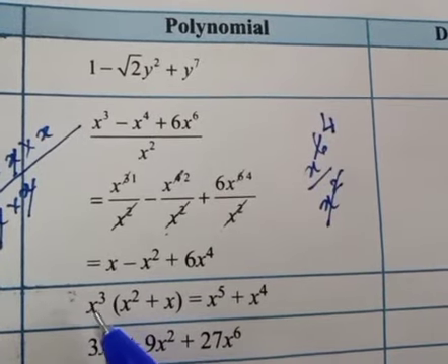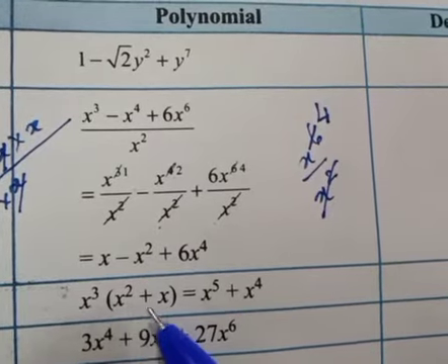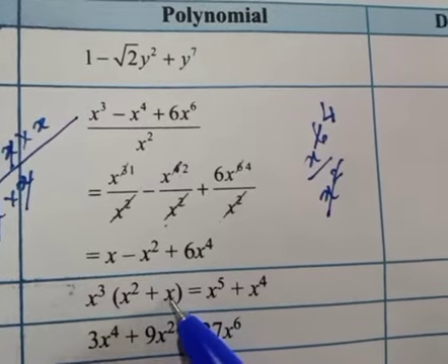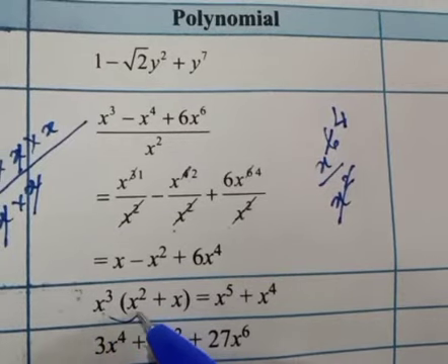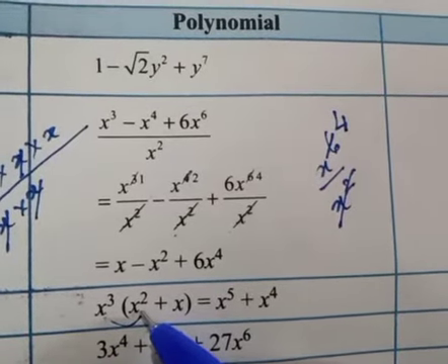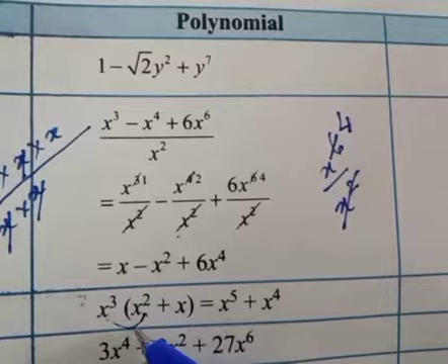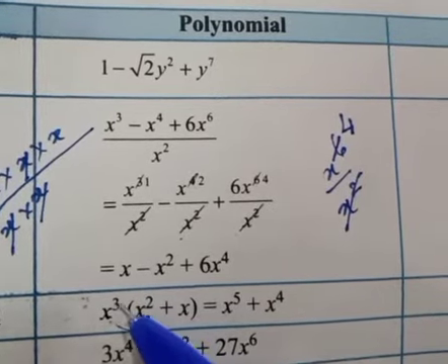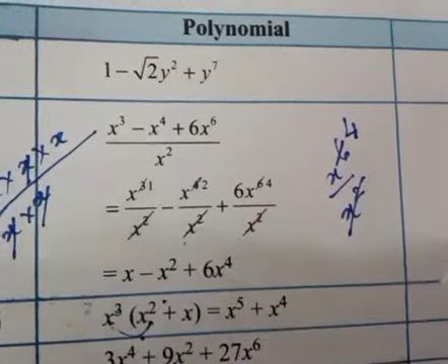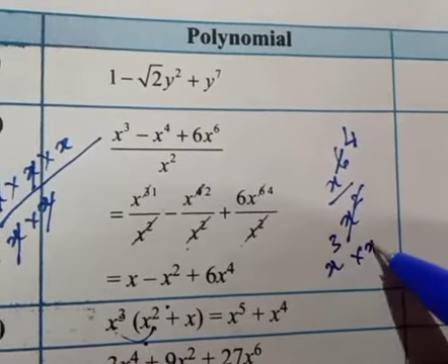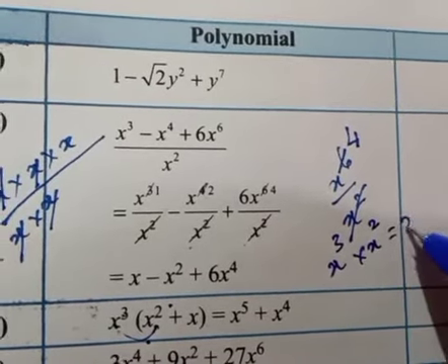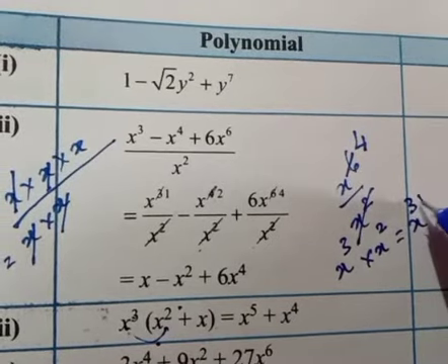For this problem, x cube into x square plus x cube into x. It is not in a simplified form. You have to simplify, so multiply these two. X cube into x square. When you multiply with the same base, you have to add the powers. So x cube into x square is equal to x power 3 plus 2.